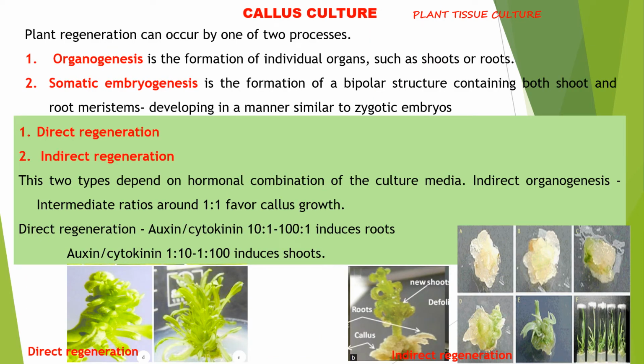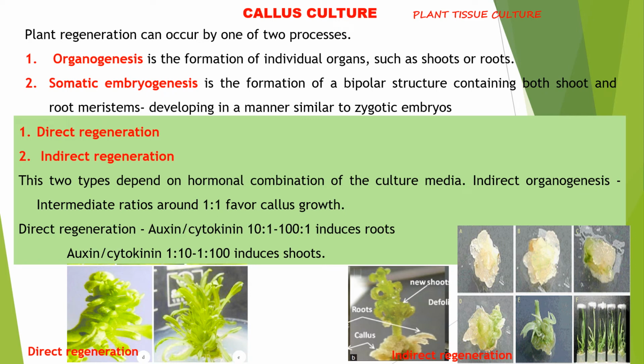Plant regeneration from callus culture can occur through organogenesis or somatic embryogenesis. Organogenesis is the formation of individual organs such as shoots or roots, while somatic embryogenesis is the formation of bipolar structures which have both root and shoot meristem, and development happens similar to that of a zygotic embryo.